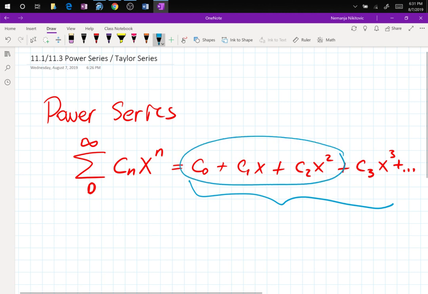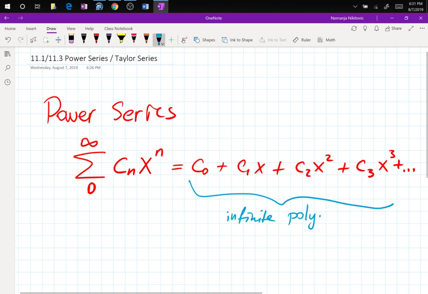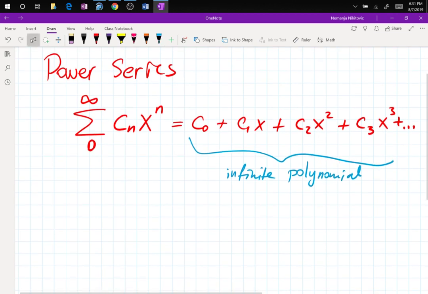Come on, look at this. What is it? Okay, quadratic. What does quadratic belong to? Polynomials. You have an infinite polynomial. Infinite polynomial. Wow. Why is this so cool?